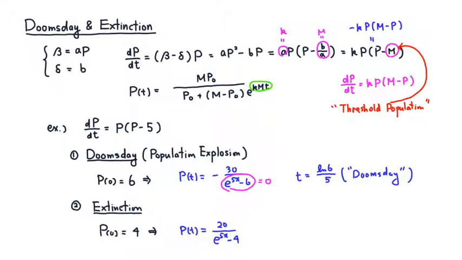Actually, was it plus 4? Plus 4, sorry. As you can see, if you look at the limit of the population function as t approaches infinity, the denominator goes to infinity, because e to the big number is a big number, plus 4 is still a big number. So 20 divided by a really big number approaches 0. This limit of the population is equal to 0, and this is called the extinction.